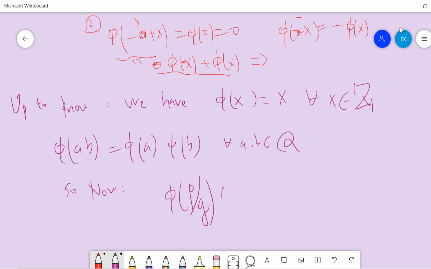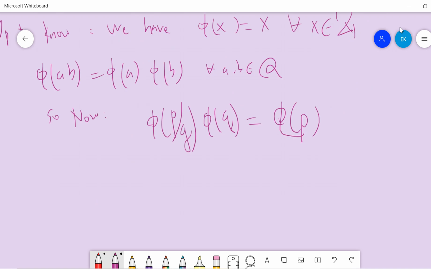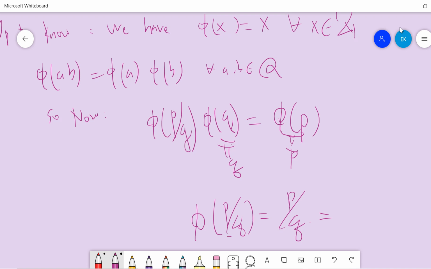Phi of P over Q times phi of Q will equal phi of P. But the problem is that phi of P is just P, and phi of Q is just Q. So phi of P over Q is P over Q.